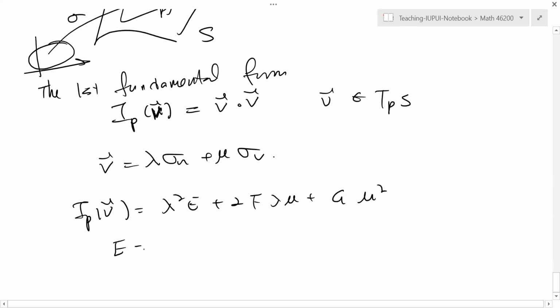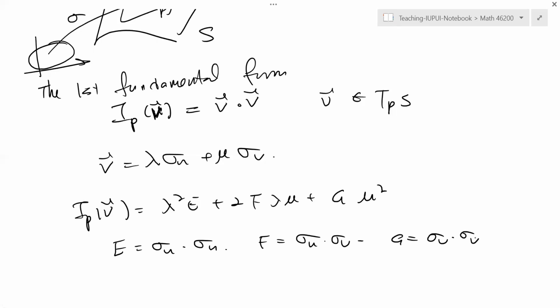So E is sigma_u dot sigma_u, F is sigma_u dot sigma_v, and G is sigma_v dot sigma_v. So that's another form using local coordinates, using a surface patch.